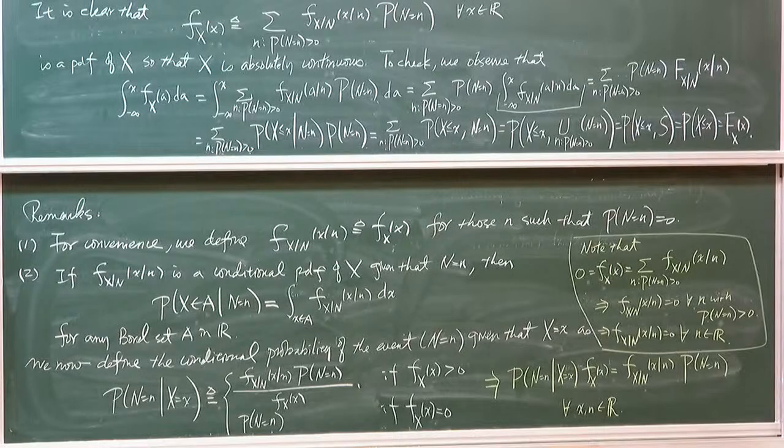Because originally we asked that when we give a proper definition of this one, we have this identity, and by checking, we know that this is indeed the case.